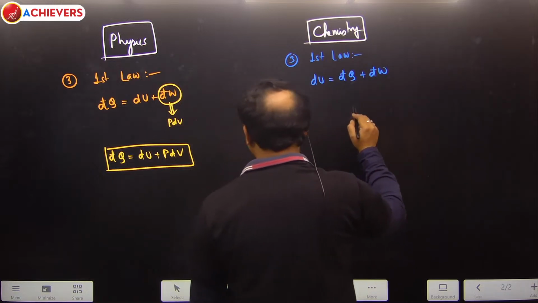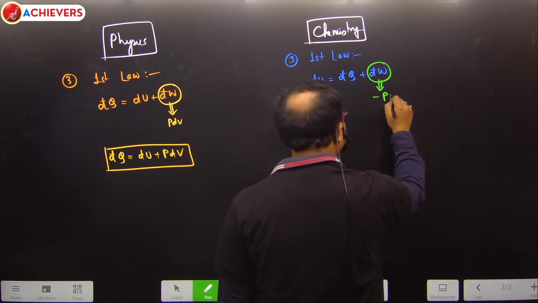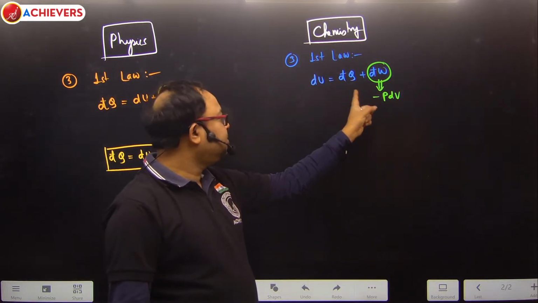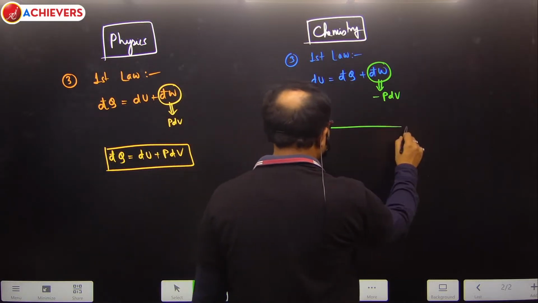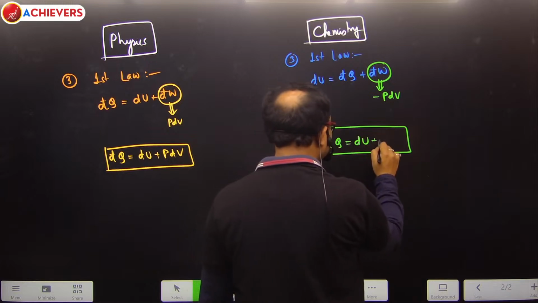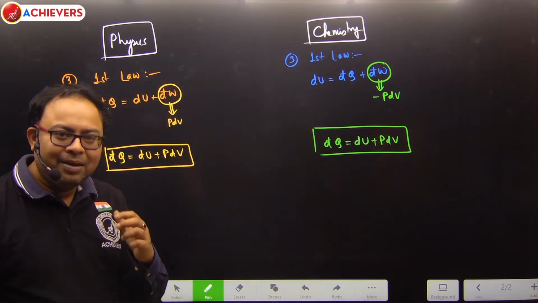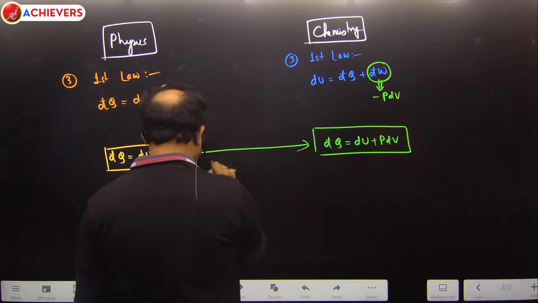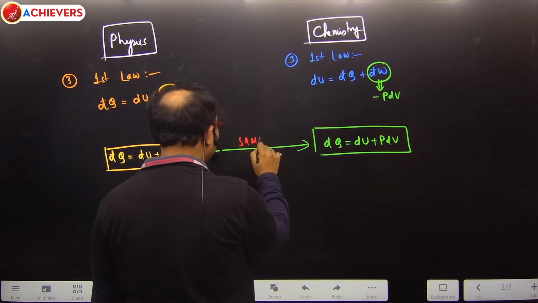You replace d cut W by minus PdV. Now minus PdV goes to that side, so it becomes dU plus PdV. So again you get d cut Q equal to dU plus PdV. So we will end up at the same result over here.